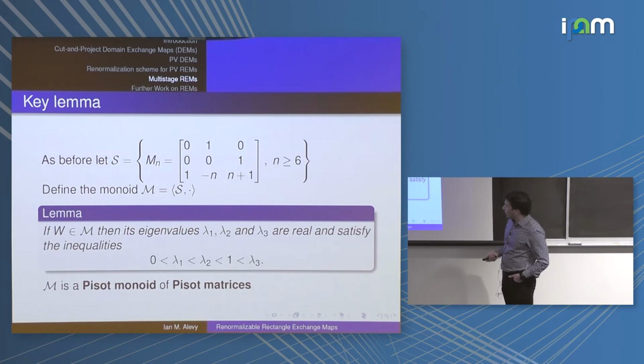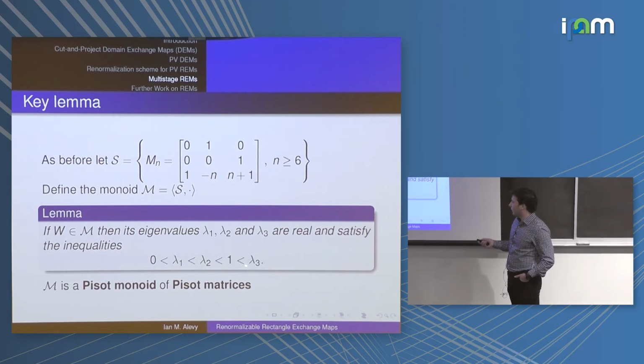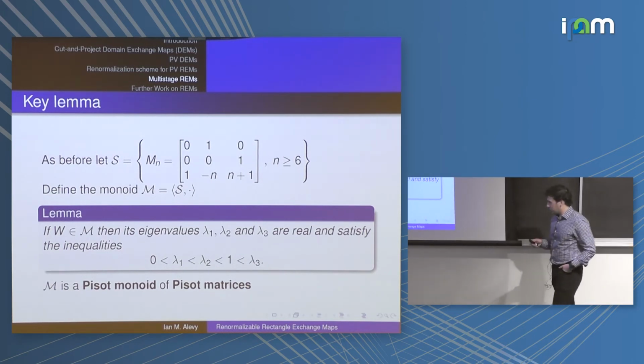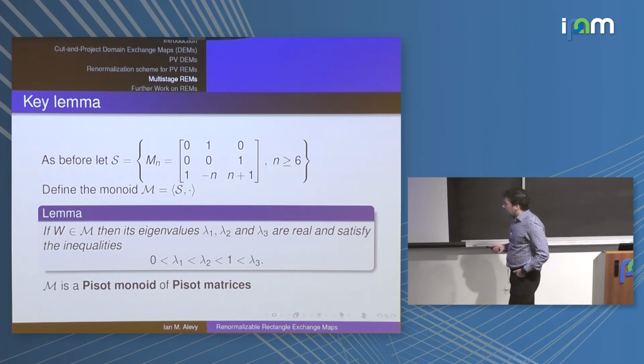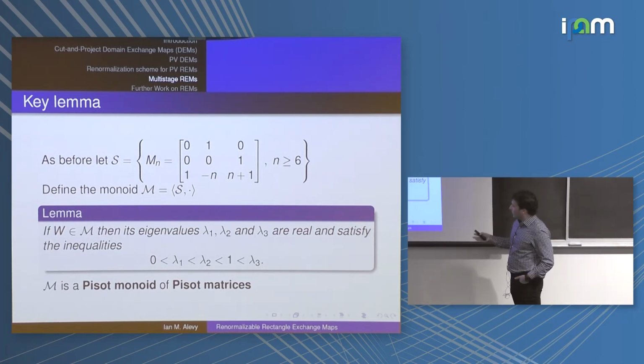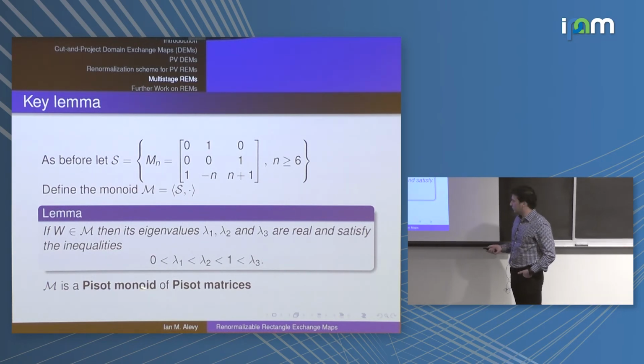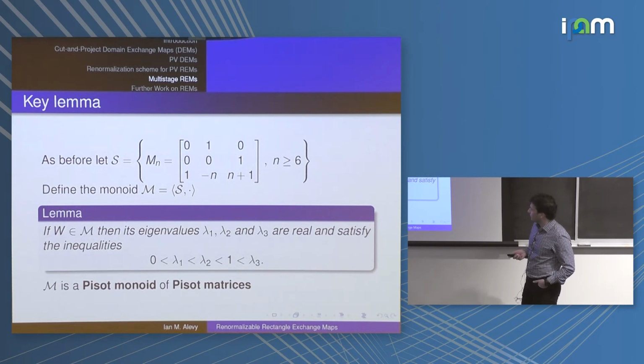And in particular, if you order its eigenvalues, then the two smallest ones are between 0 and 1, and the largest one is bigger than 1. Okay. And because the leading eigenvalue is a PV number, a matrix with this property is sometimes called a PV matrix. You might call this a PV monoid.